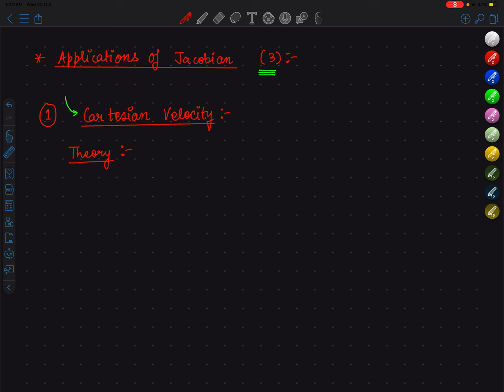In previous lectures we have seen that P0 is equal to f of q, where P0 is nothing but the position of a point P in frame 0, and q are the joint angles.